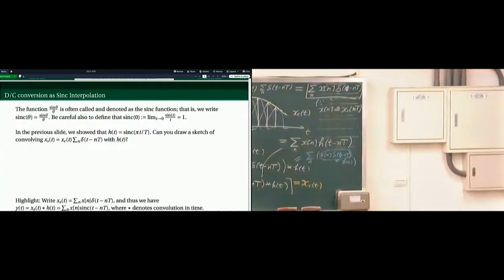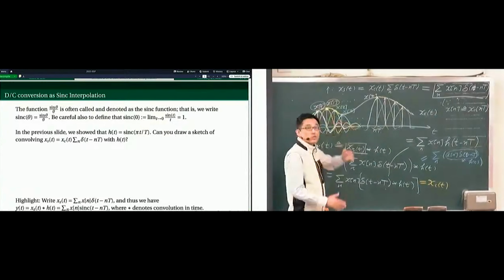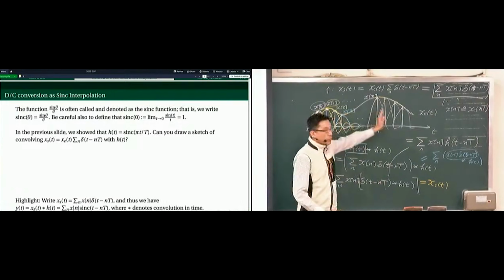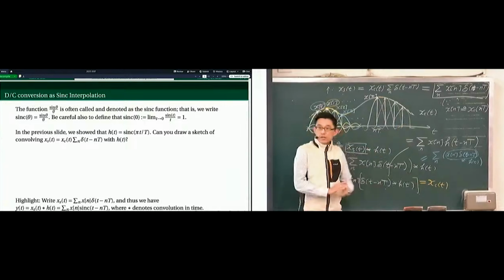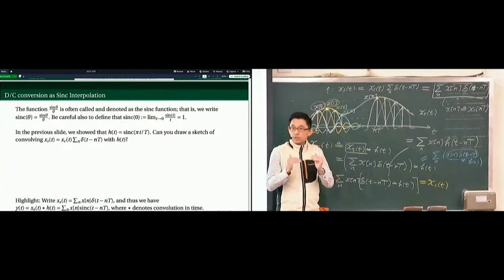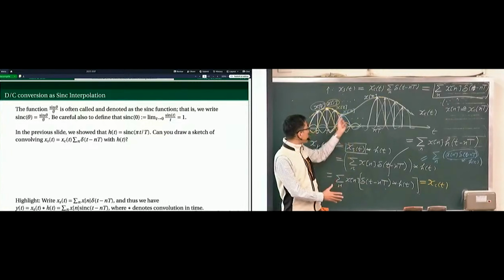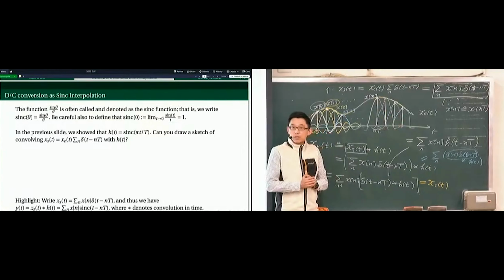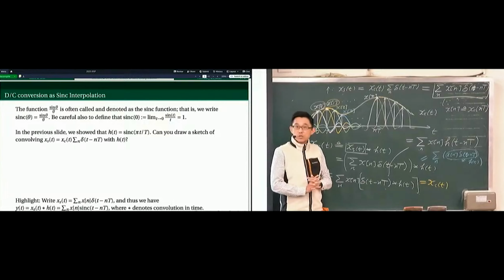A low pass filter makes everything smooth. Spikes to begin with, but smooth as a result after low pass filtering. When everything's designed correctly, you expect to get back the original envelope, the original signal in continuous time.